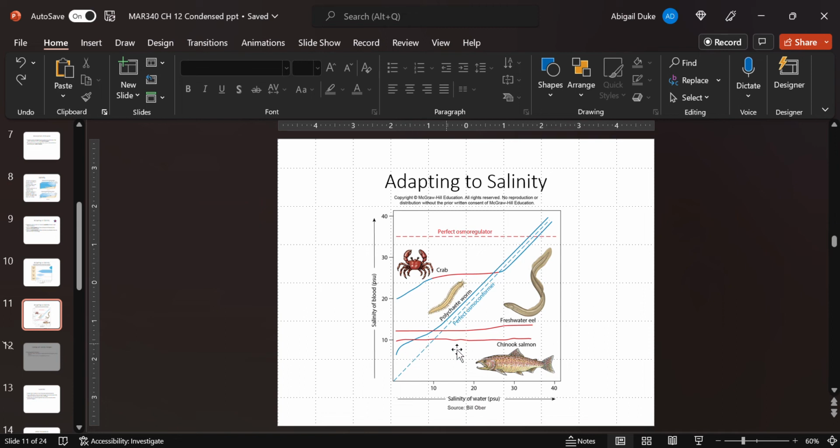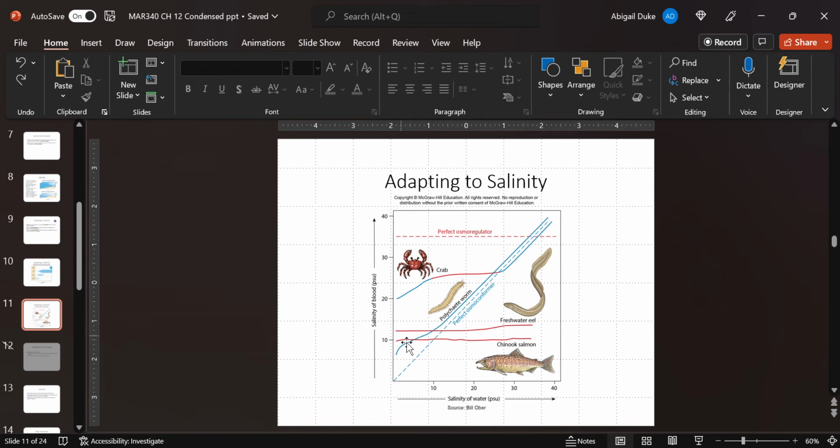But we see right here with the Chinook salmon that it stays pretty straight. The salinity of its blood will stay the same in any salinity. Freshwater eels, same thing. It just stays pretty constant. It doesn't matter what the water is, and that's an osmoregulator.